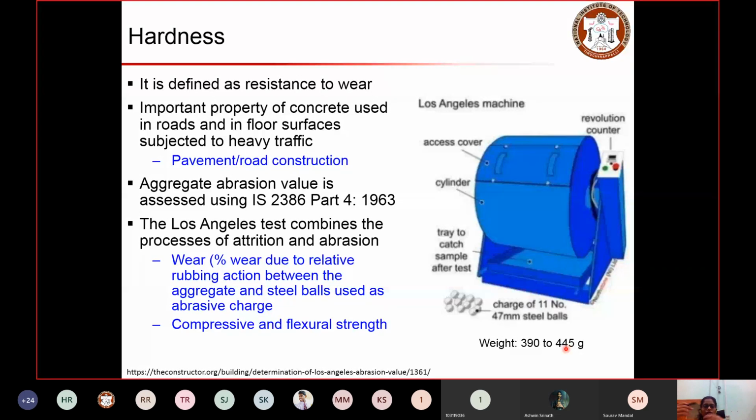We weigh that mass and then rotate, and after this abrasion test we take those particles outside and weigh them using different sieves. Finally, from the mass reduction with respect to the original mass, we get the wearing value, as a percentage wear due to relative rubbing action between the aggregate and the steel balls used as abrasive charge. This gives the aggregate abrasion value.